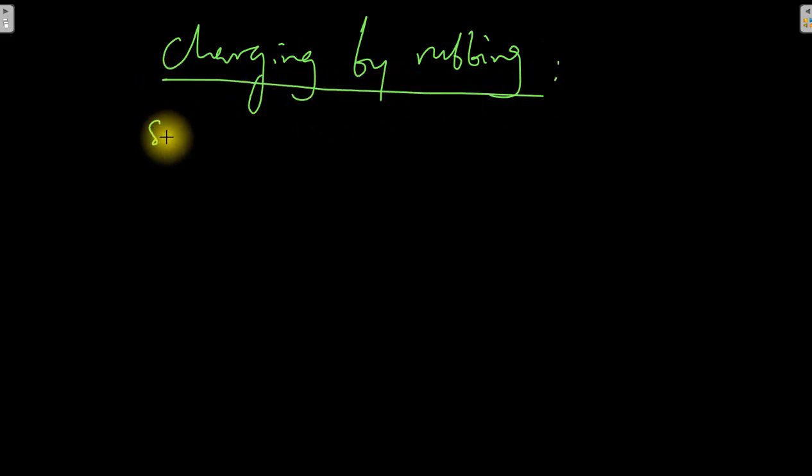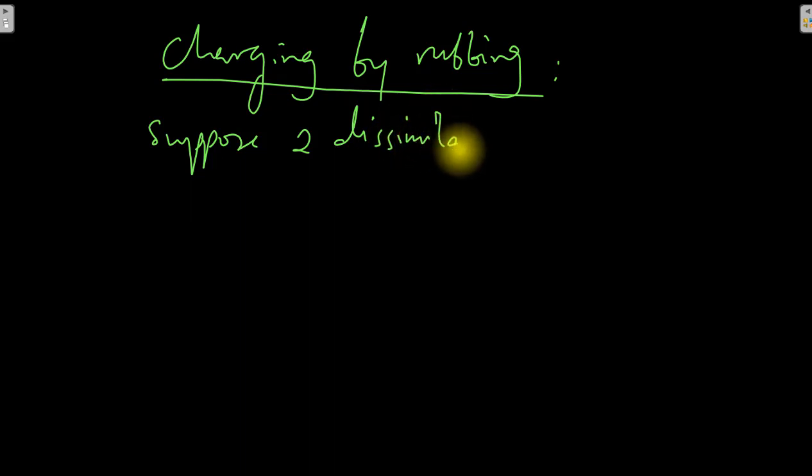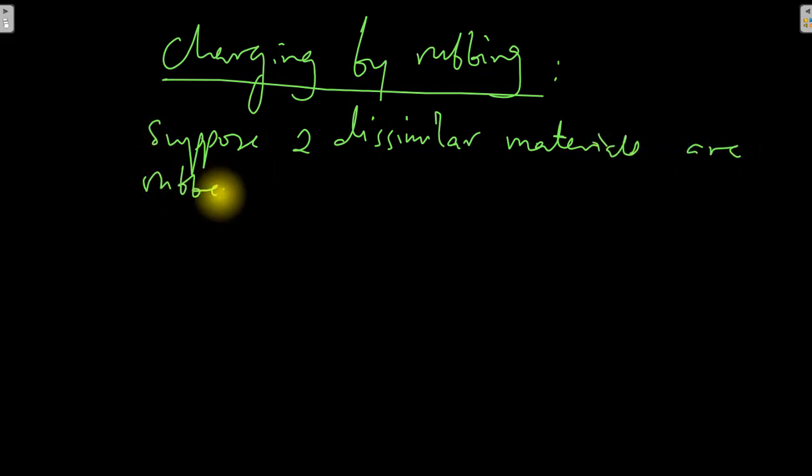So if we have two materials, if two dissimilar materials, that means the materials should not be the same, are rubbed together, obviously if you rub two materials together, then there is going to be some heat energy generated.